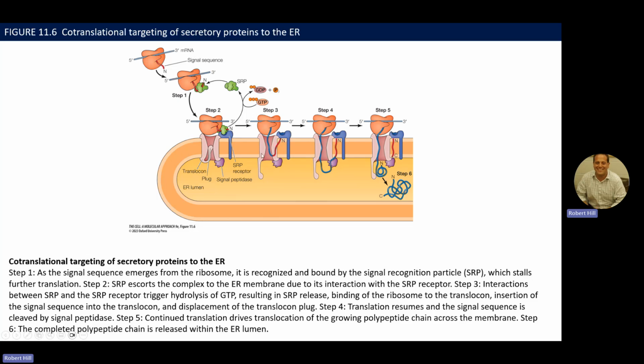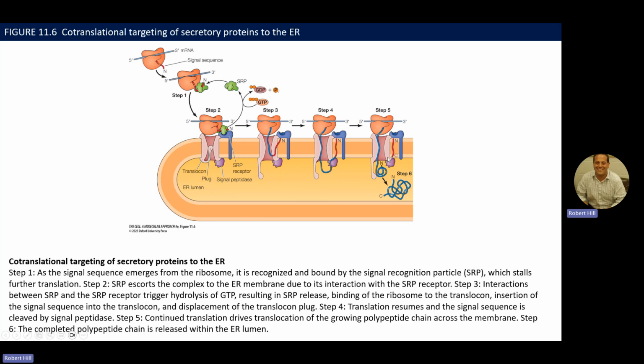And now co-translational targeting is occurring, right? As this peptide is growing, it's actually being pushed down through the translocon. If you think about it, part of the energy resulting from translation, the actual elongation of this peptide, is one of the requirements needed to push this thing through the translocon.